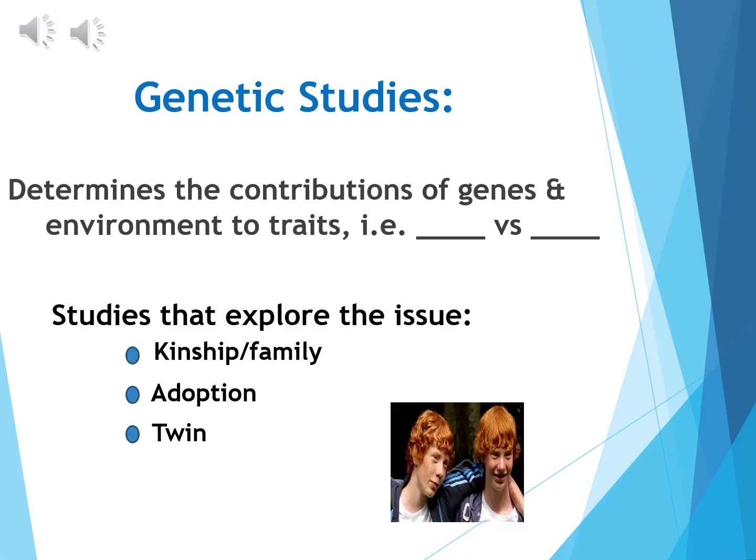Sometimes researchers want to discover the relative contributions of genes and environment to particular traits, such as mental illness. Now in the blanks, you might suspect one word would be nature and one word would be nurture. That would be correct, but take a moment and see if you can remember which term is which.